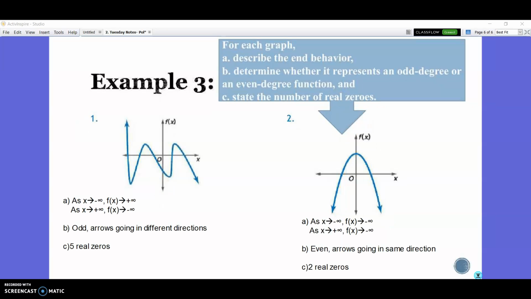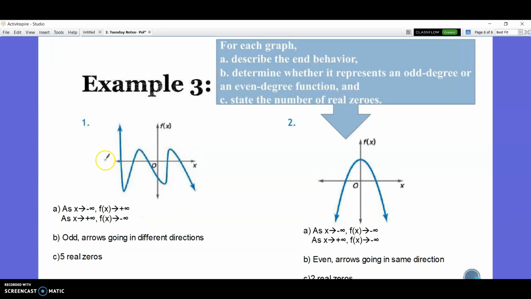Okay, so here are your answers. For the first one, A says to describe the end behavior. Those are these two sentences here. As x goes to negative infinity, on the left side here, the arrow's going up, so that's positive infinity. On the right side, as x goes to positive infinity, the arrow's going down, so that's negative infinity.